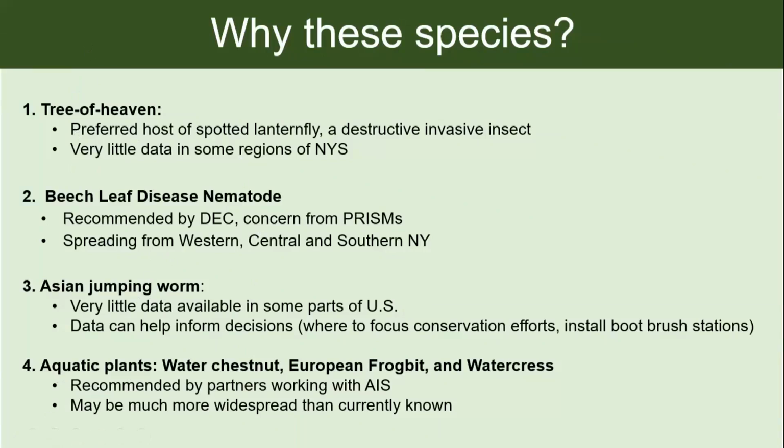But essentially, most of them have been added onto this list for some combination of reasons, including they have impacts that concern our partners like agencies and PRISMs, and there's some sort of data gap. Like there's regions where we don't have enough data, or maybe it's an emerging species in some region. Those are why we put those on our target watch list for this challenge.